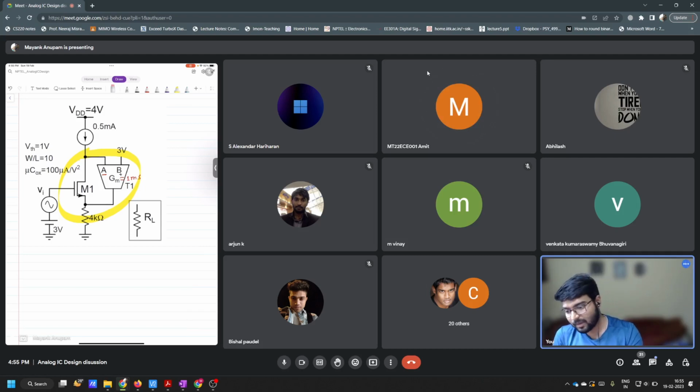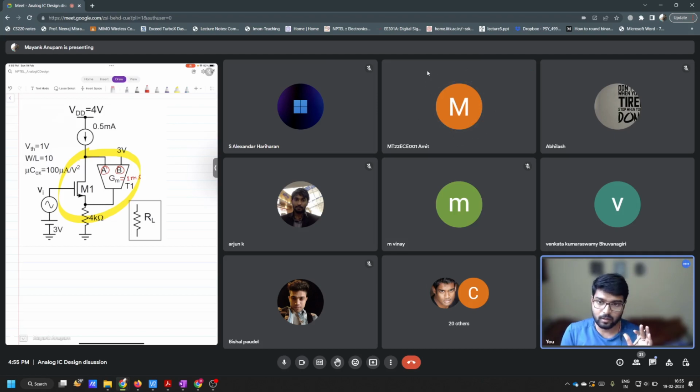Now this feedback can be either positive or negative. You do not know that, right? But we were given the option that you can make this feedback either positive or negative by choosing the signs of A and B. What should be the plus terminal and what should be the minus terminal is in your control. The constraint placed on you is that you have to ensure the whole system is in negative feedback.